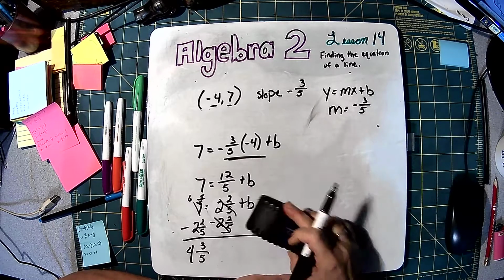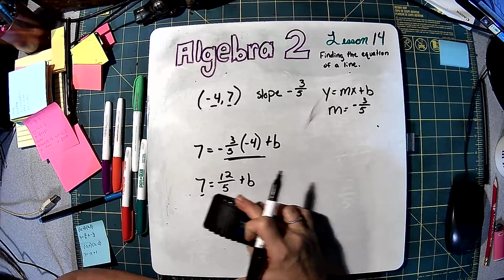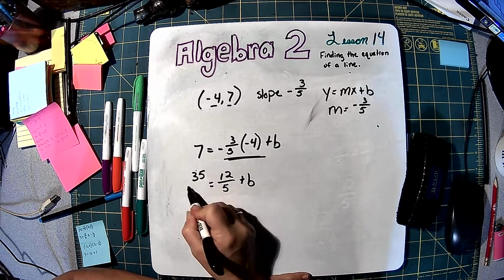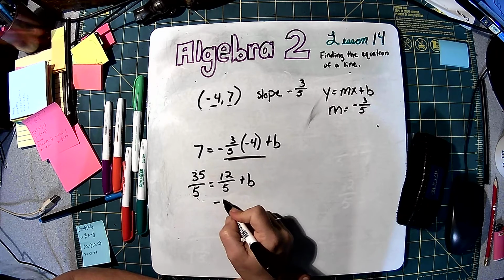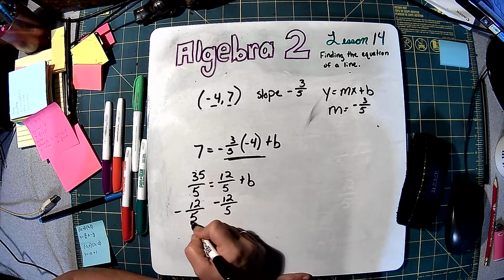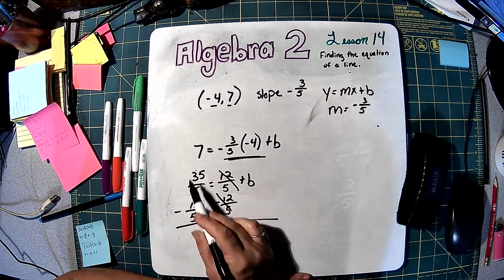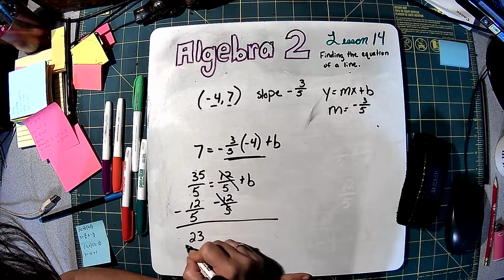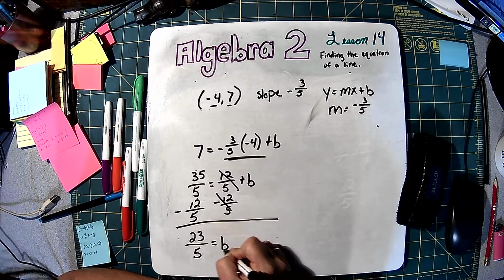Or how the book did it was they converted this into fifths. So we have 35/5. And then we subtracted 12/5. And we get 23/5 equals b.